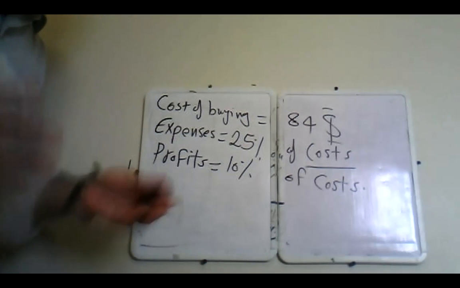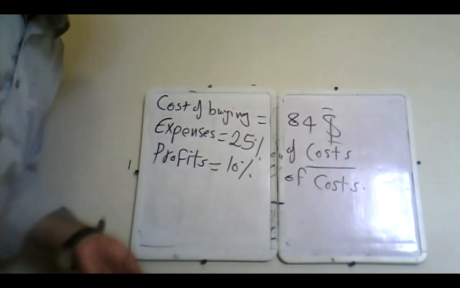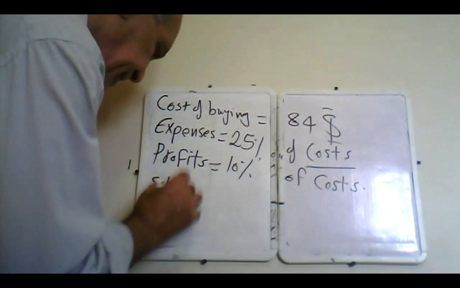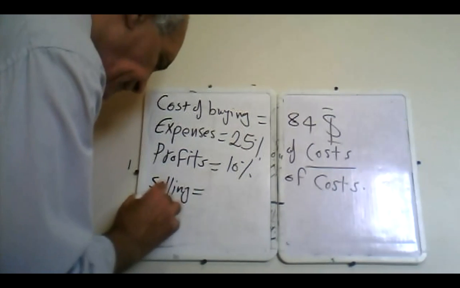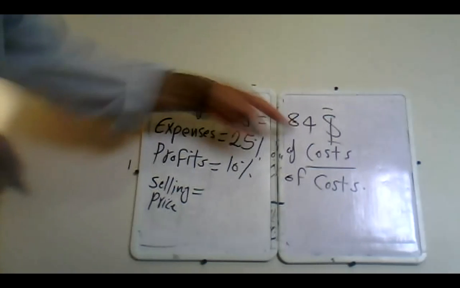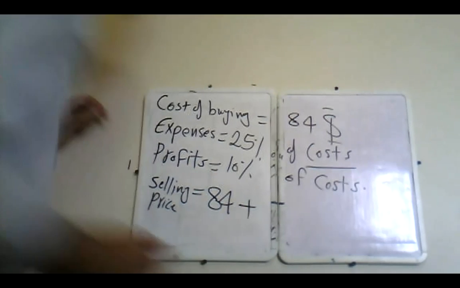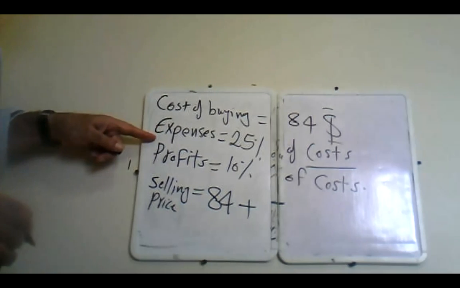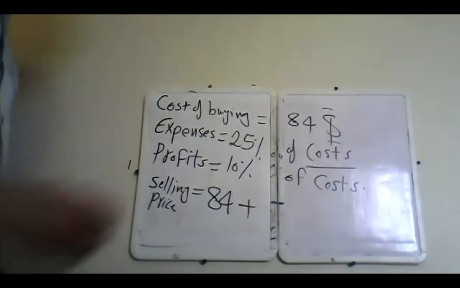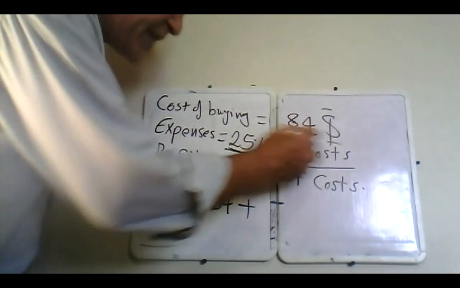So what we're going to do here now is just calculating the selling price. So selling price will be the cost which I carried for this item, which is $84, plus expenses is 25% of the 84. The expenses is 25%, like you see here, of the 84.